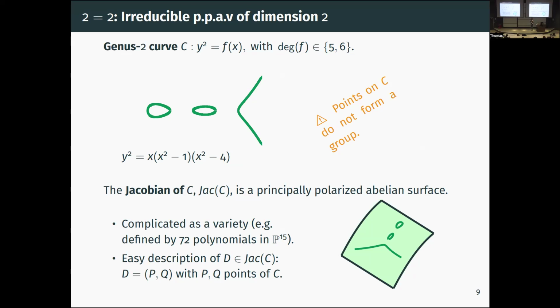If we wanted to do the same thing for this Jacobian, which has dimension 2, one way to do this is to look at a 15-dimensional space and 72 equations defined in this 15-dimensional space, which then cut out the variety. So obviously, that's not a description that's suitable for cryptography or for efficient computations. And an easier way to think about these surfaces is to think about them as consisting of pairs of points of the hyperelliptic curve.